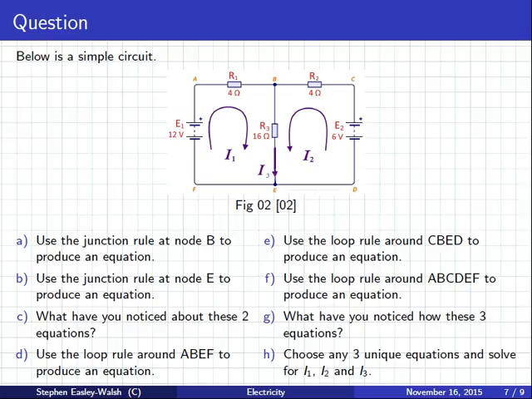Go Amanda. 12 minus 4I1, and minus 16I3 equals 0. Correct. Did you write that down? 12 minus 4I1 minus 16I3 equals 0.